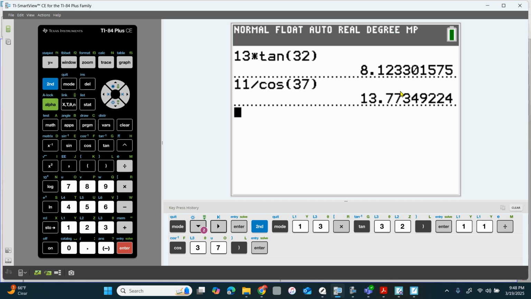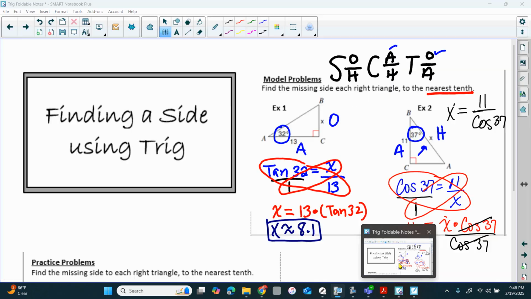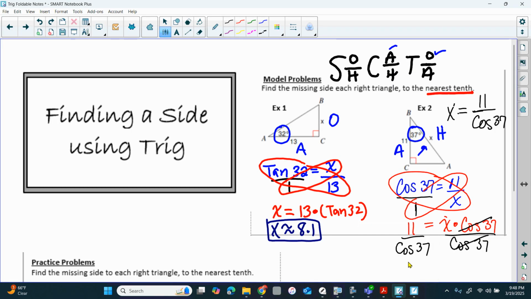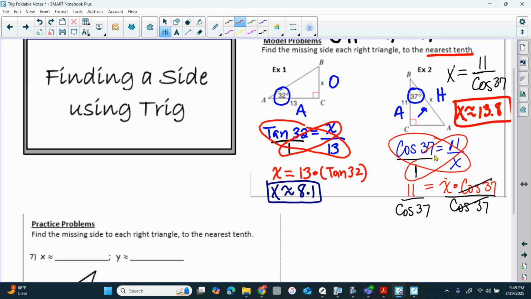Since there is a 7 right here, this is going to be 13.8. Okay. So x here is approximately 13.8 units.